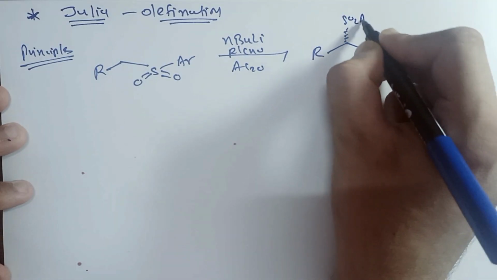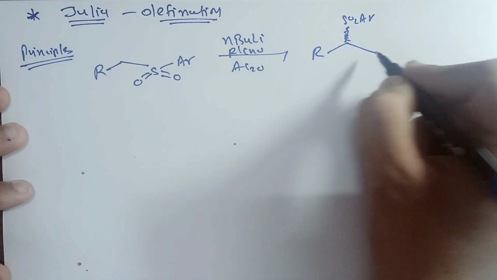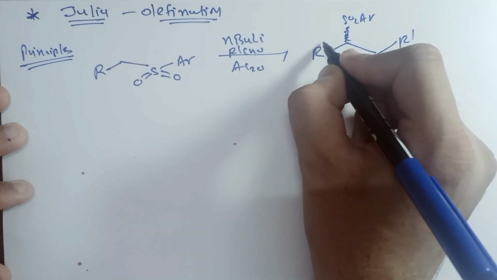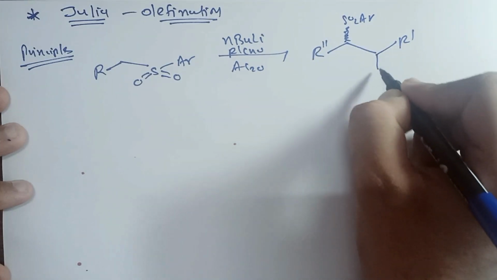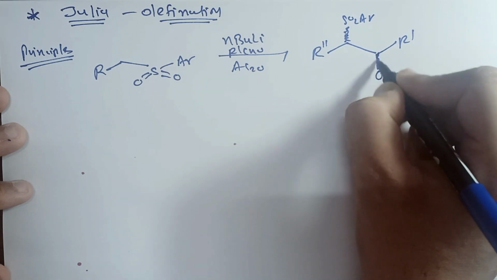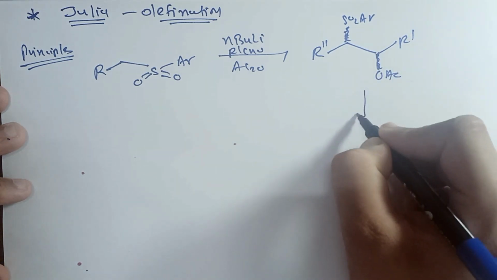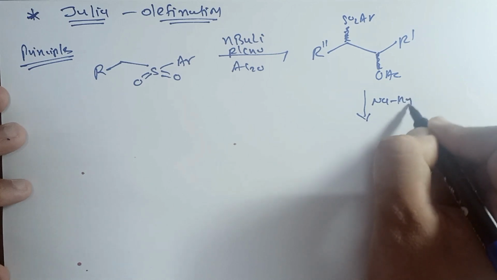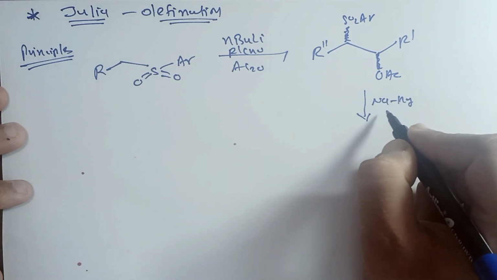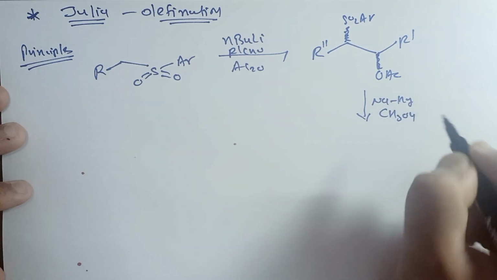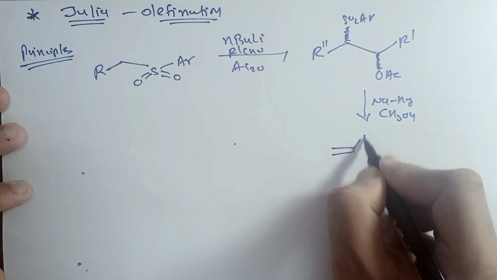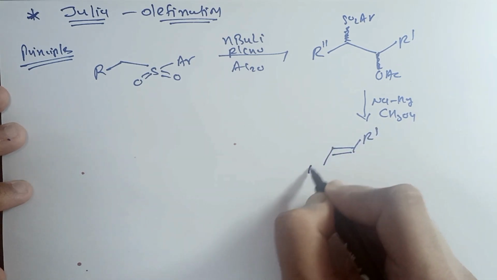That is the SO2Ar group, and here also we have an OAc. The stereochemistry I will not mention here. So in the presence of Na-Hg, that is sodium amalgam, in methanol, it will produce an E-alkene.